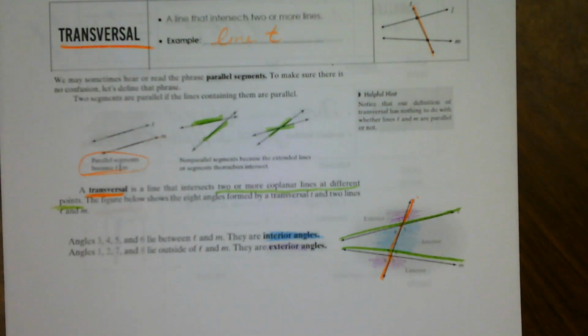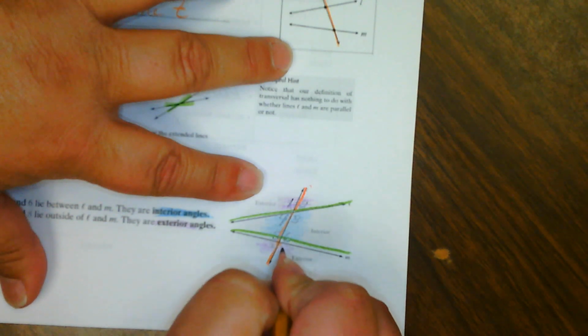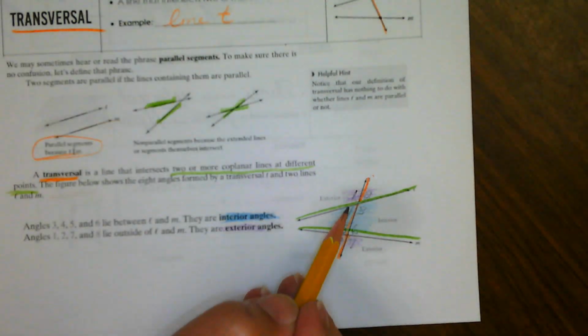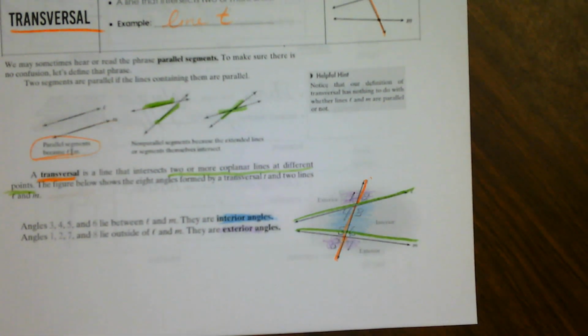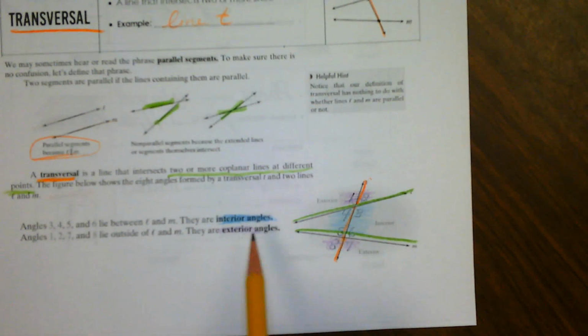When those two lines are crossed by a transversal, there are four angles that appear at each intersection. 1, 2, 3, 4, 5, 6, 7, 8. Eight angles, four at each intersection, right? So 1, 2, 7, and 8 are all exterior.